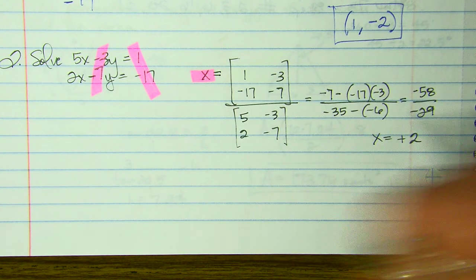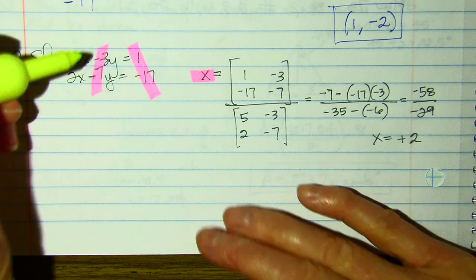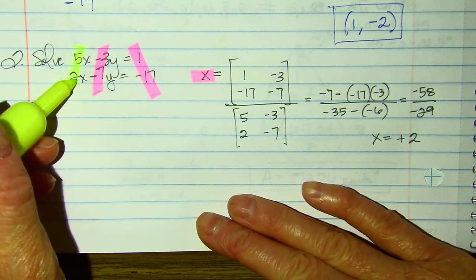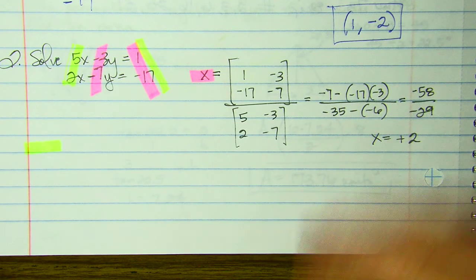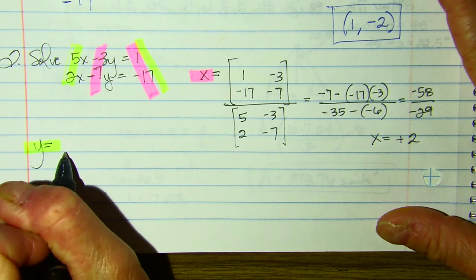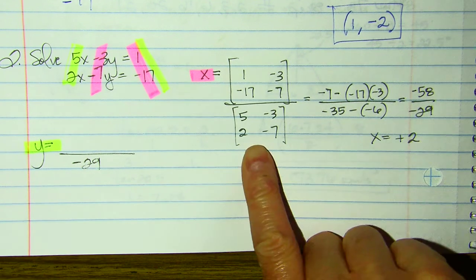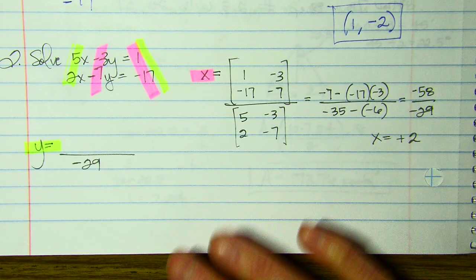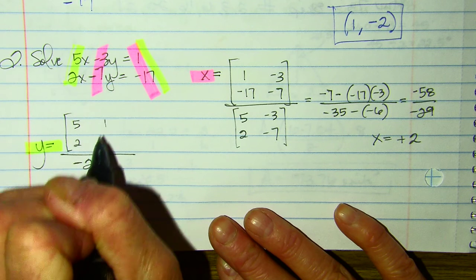Now for y, I'm going to use the letters in front of x and the constants on the right. Now I already know what the bottom is, right? The bottom is negative 29 because it's the same result as what I did above. So I'm just having to figure out the top. So I have 5, 2, 1, negative 17.